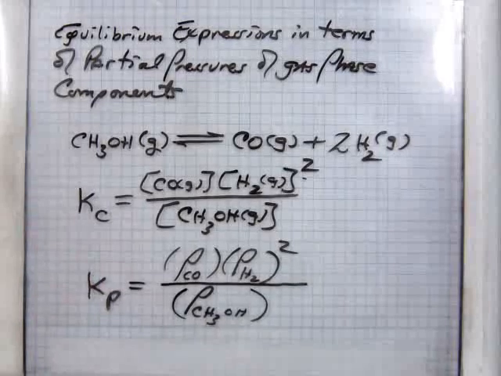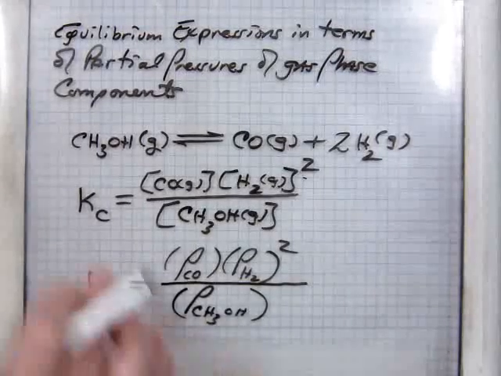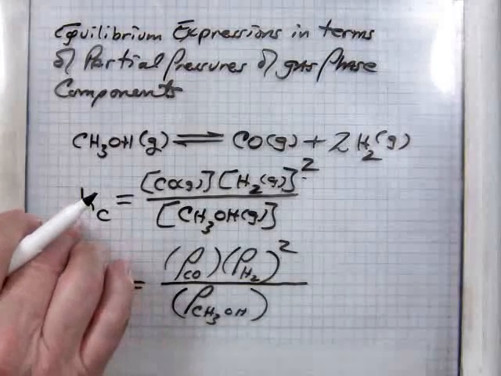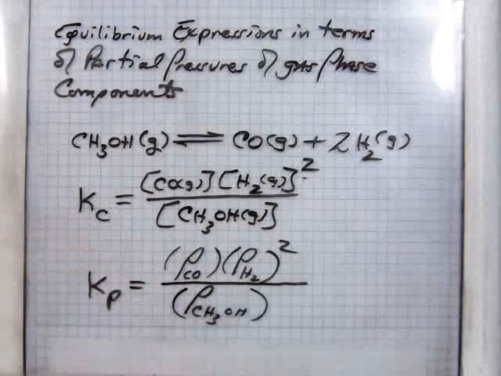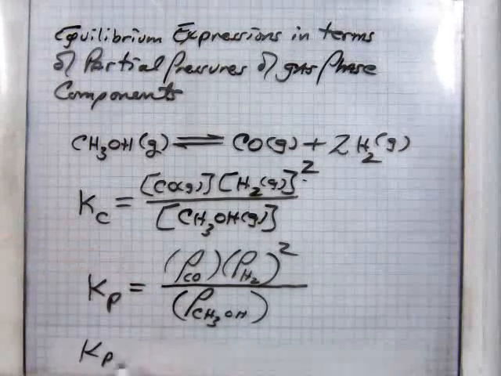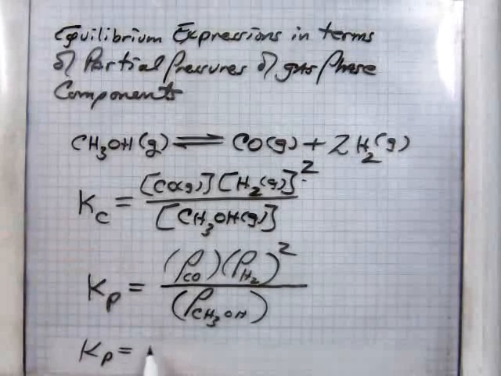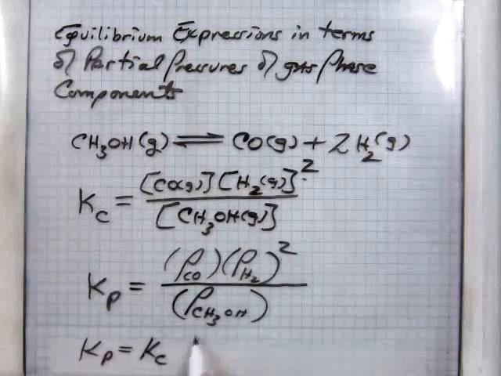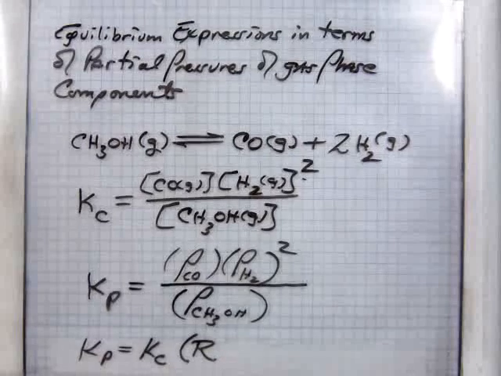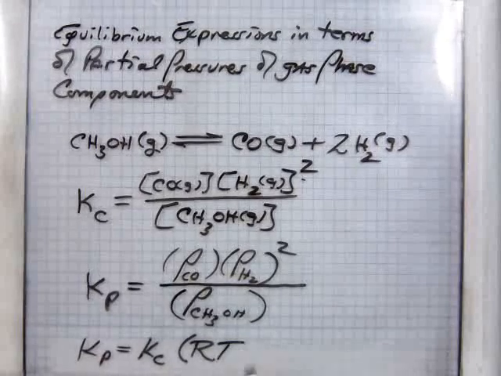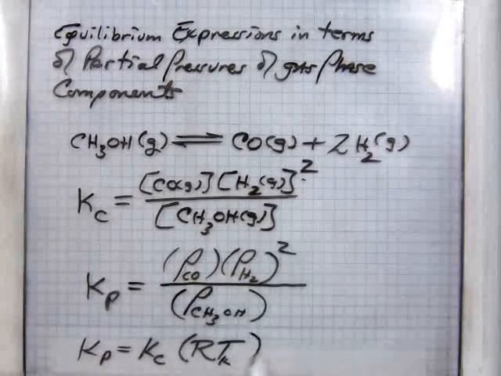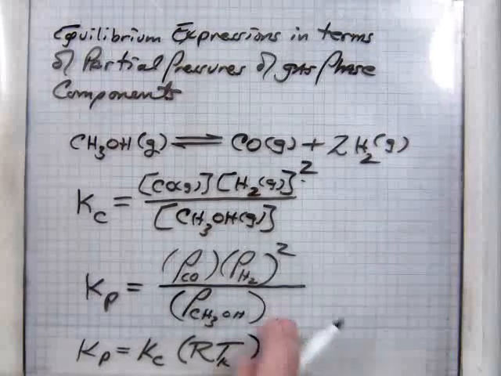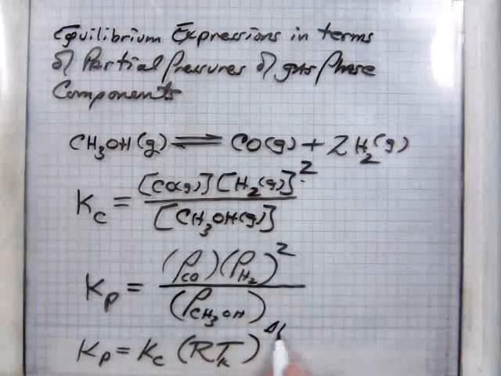The relationship between Kp and Kc, we'll have problems on it and we'll work them, is Kp is equal to Kc times the gas constant R times temperature in Kelvin, to the delta N value.